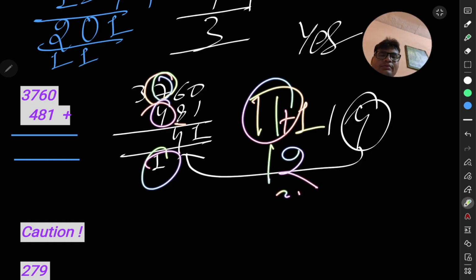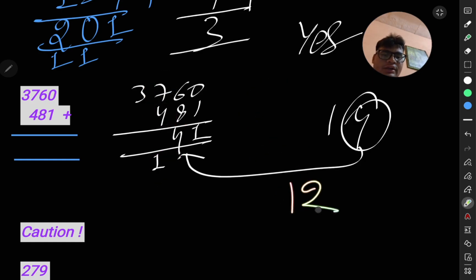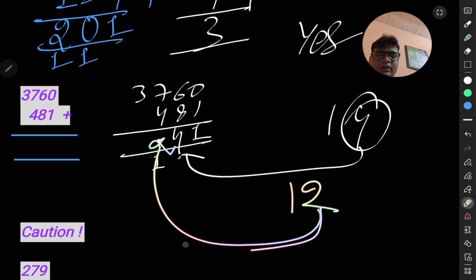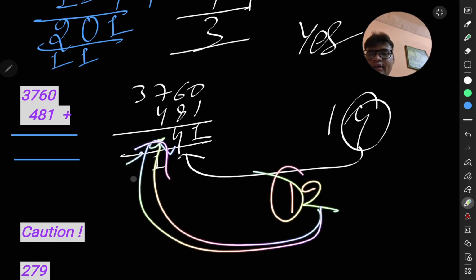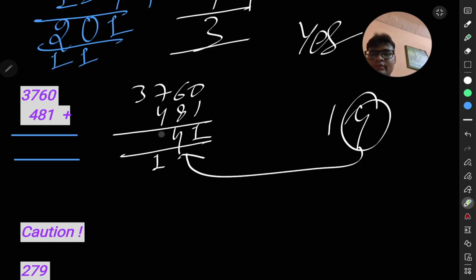So we will put this 2 here, and 1 will be carry. I put here 2 and 1 carry, and now here is only 3.